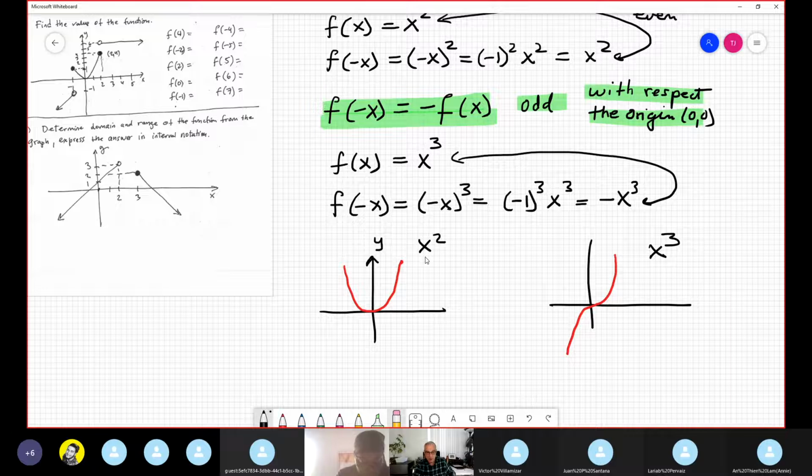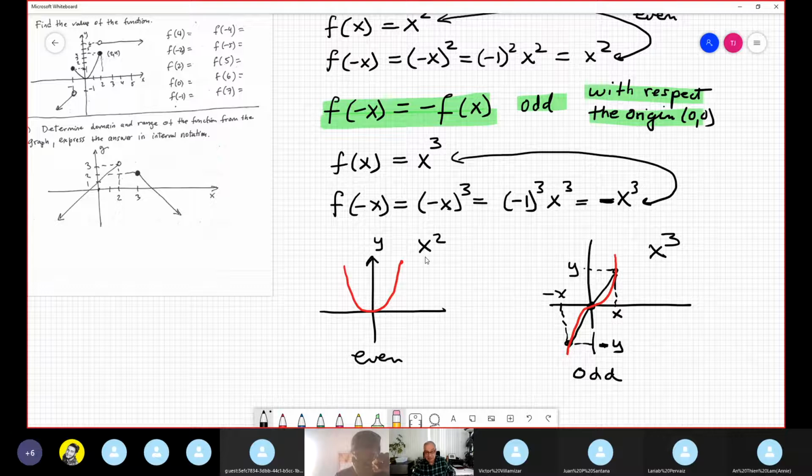So you rotate around the y-axis, it stays the same. It's a classical even. However, with the cubic, look, this is the origin. This distance and this distance is the same. The idea is this is x, this is y, an arbitrary point. If you make a reflection, minus x, it's minus y. And minus y represents this extra negative sign. This is odd.